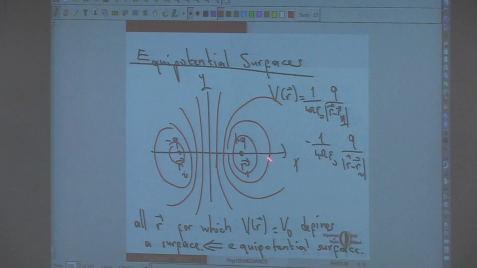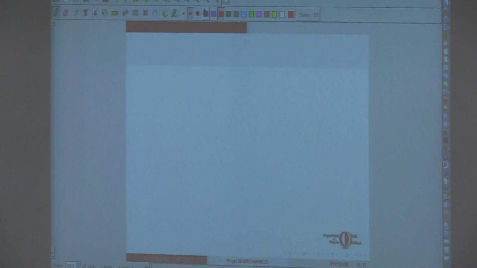Usually, when you draw equipotential surfaces, you assume that the potential difference between surfaces has some fixed value. So we are assuming that the potential difference between any two successive lines has the same value. There are more lines here, that means the potential is changing really fast, but the change in the potential, delta V by delta D, is nothing but our electric field.